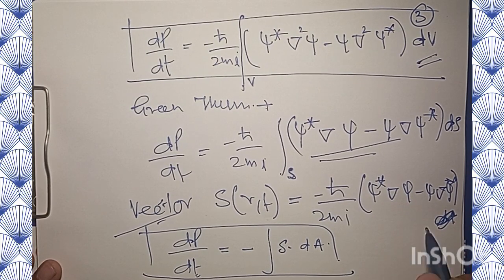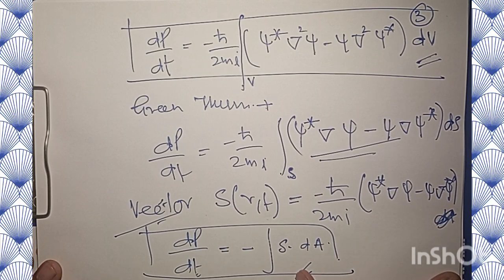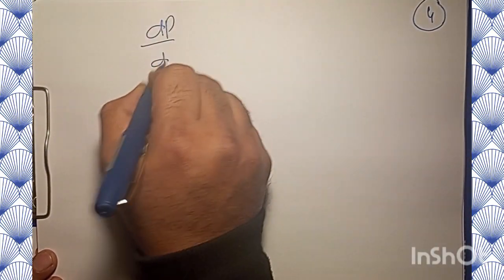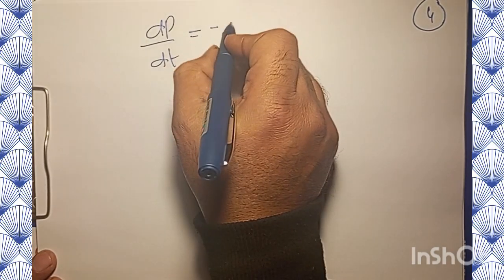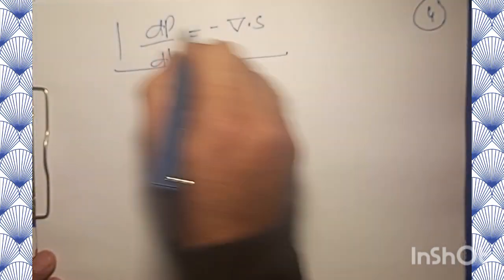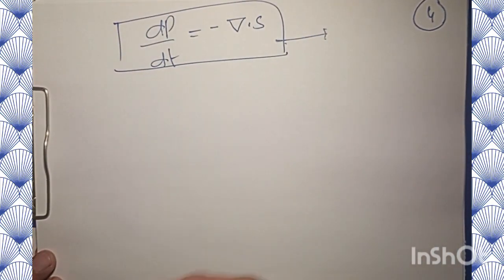So this is an integral over the area, and we can immediately convert this integral using the divergence theorem into the divergence of S. Using that divergence theorem, we obtain dP/dt is minus the divergence of this S. So we have used Gauss divergence theorem, and we got the result.